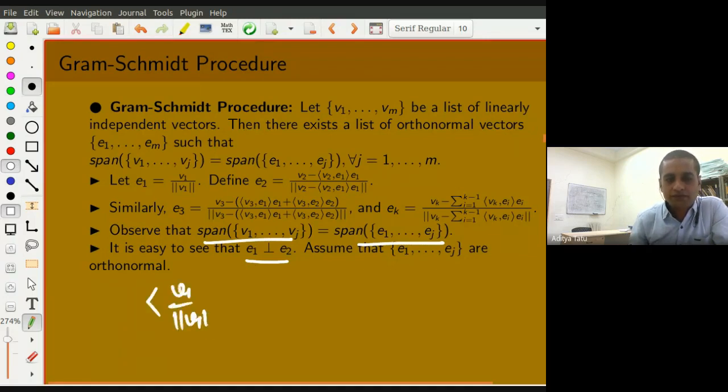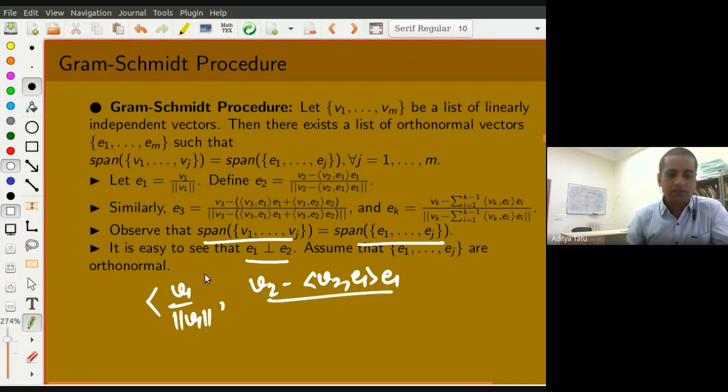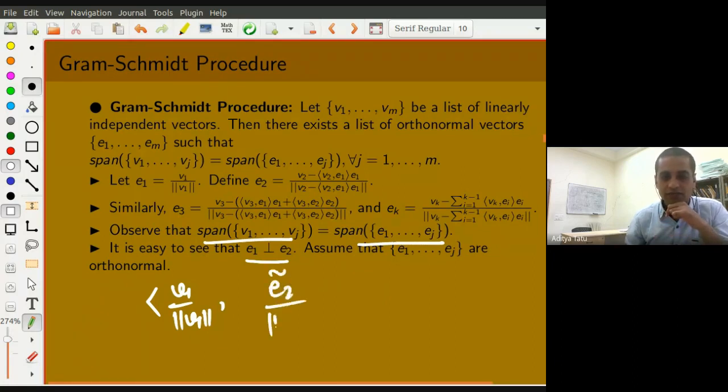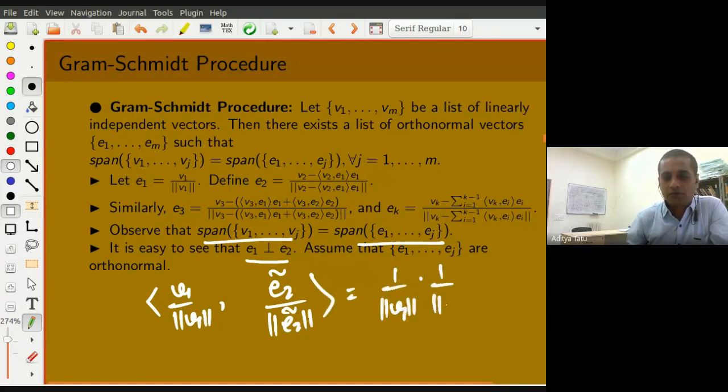E1 times this E2, which is V2 minus the inner product of V2 with E1, divided by this. Maybe I make my job a little easy by calling the numerator of this E2 tilde, divided by norm E2 tilde. What would this be equal to? It is norm V1 into 1 by norm E2 tilde, V1 E2 tilde.